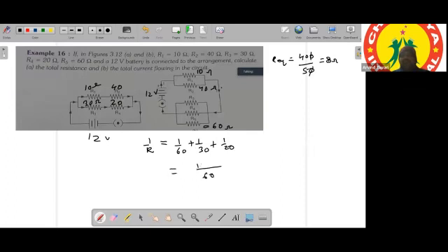You get here 1 plus 2 plus 3. So 1 over R is equal to 6 over 60, and hence R is 10 ohm, not 60. So here you get 10 and here we get 8. Hence the equivalent resistance becomes 18 ohm.